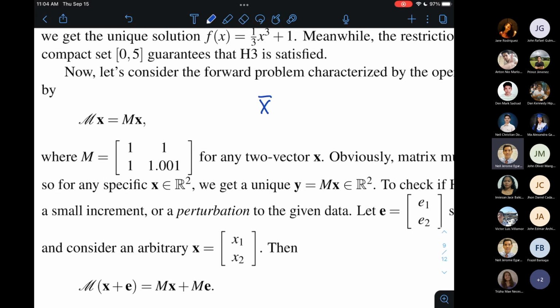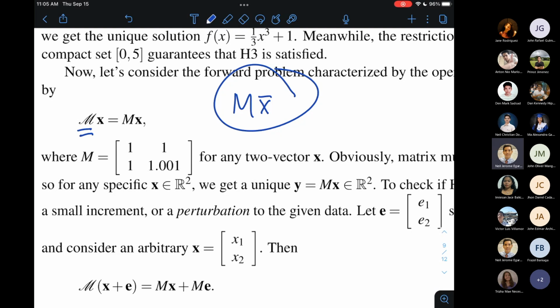Okay? So kung meron akong vector X, okay, tapos pag minultiply ko siya ng M, unique yung makukuha kong sagot. Right? There's only one way to do matrix multiplication. And we get a unique solution out of it. So that means the operator curly M, right, or the forward problem characterized by curly M satisfies H1 and H2.